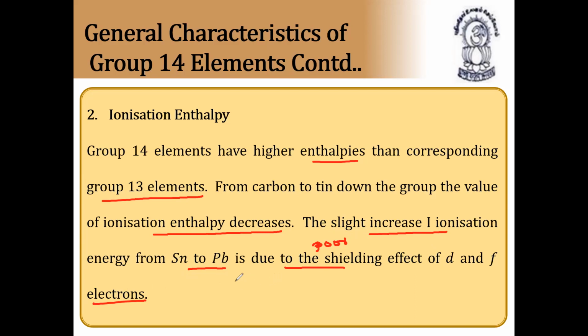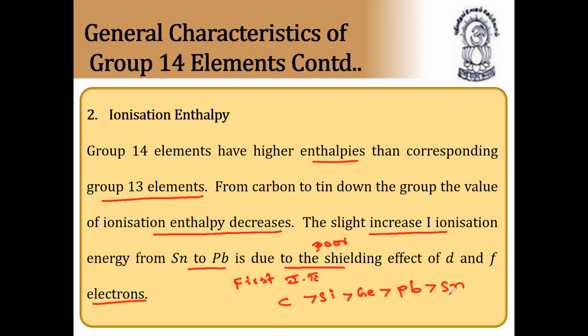First ionization enthalpy of group 14 elements, please note it down, because it is not following a regular trend. You can see here carbon greater than silicon, greater than germanium, greater than lead, greater than tin.